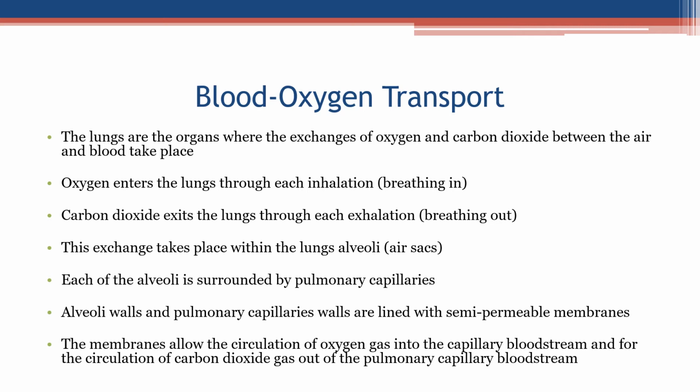Each of the alveoli is surrounded by pulmonary capillaries. Alveoli walls and pulmonary capillaries walls are lined with semi-permeable membranes. The membranes allow the circulation of oxygen gas into the capillary bloodstream and the circulation of carbon dioxide gas out of the pulmonary capillary bloodstream.